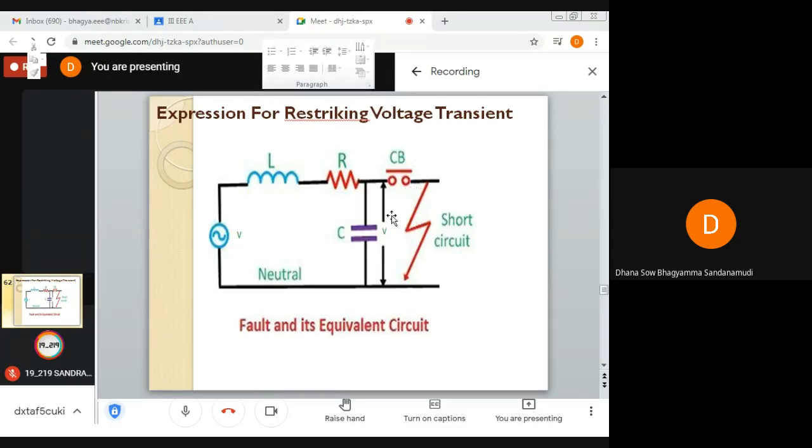The voltage across the contacts is nothing but the voltage across the capacitor. So this voltage V, which appears across the contacts as soon as the arc is extinguished, is nothing but the restriking voltage. I hope you remember.